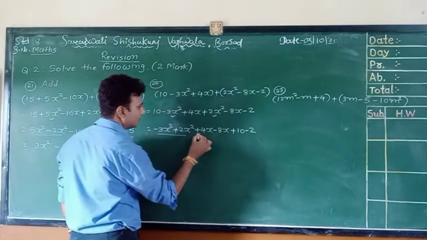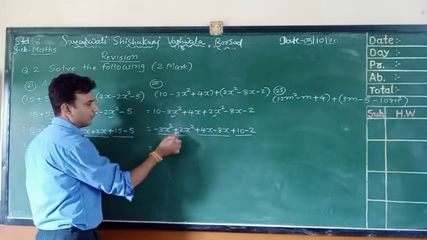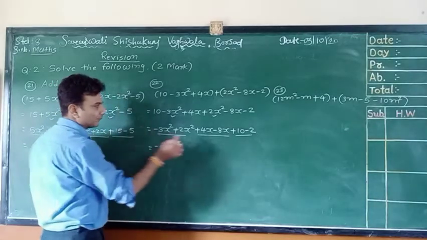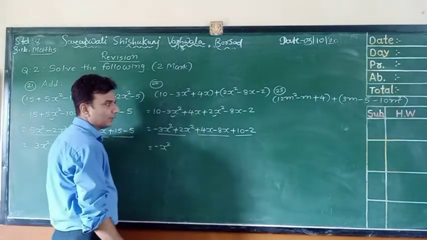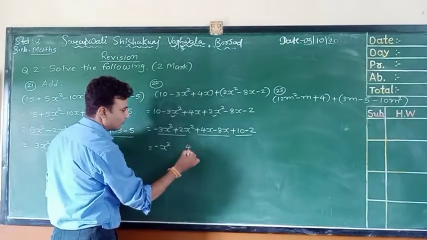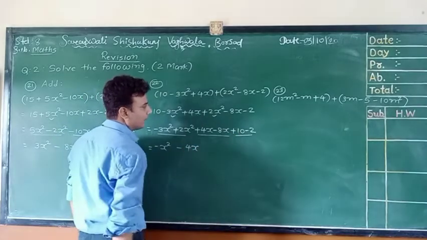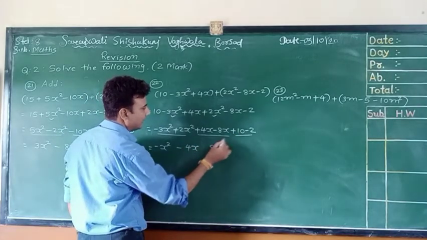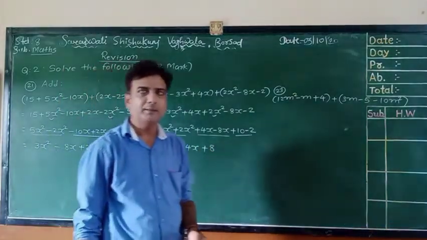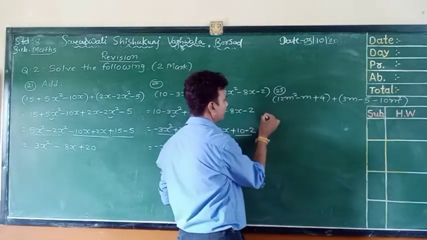So here like terms: minus 3 plus 2 is 1x square, and the bigger term's sign is minus. Now same variable like terms: minus 8 plus 4 is 4x, and the bigger digit's sign is minus. Plus 10 minus 2 is 8, and the bigger digit's sign is plus. Is this clear?